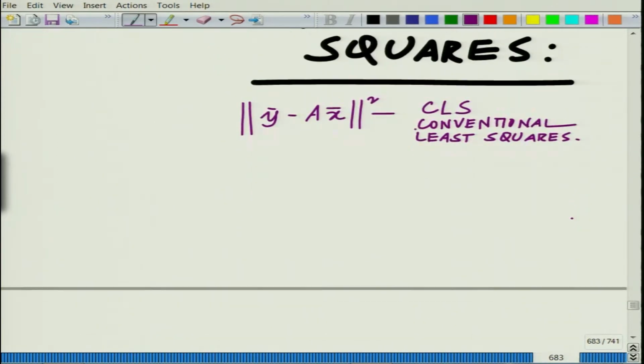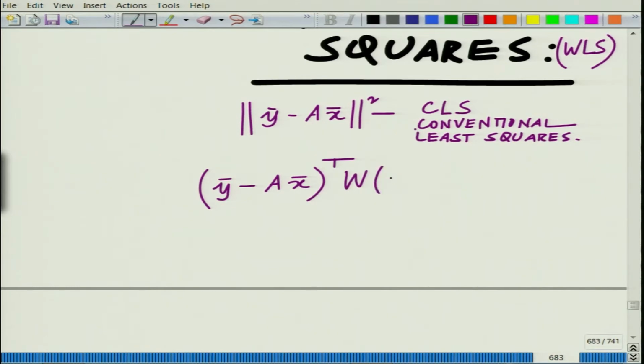And your weighted least squares, or what you can also call your WLS, I can write this as (y bar minus A x bar) transpose W (y bar minus A x bar). In fact, you have a weighting matrix W. And we have already seen this is an M cross M weighting matrix.